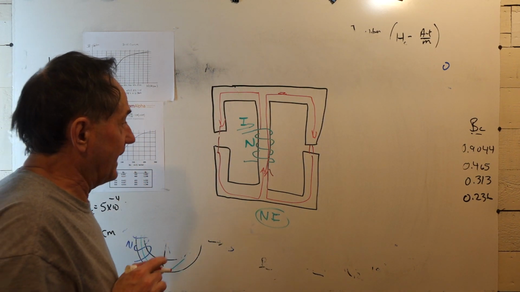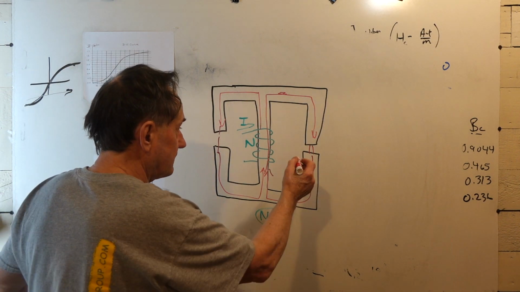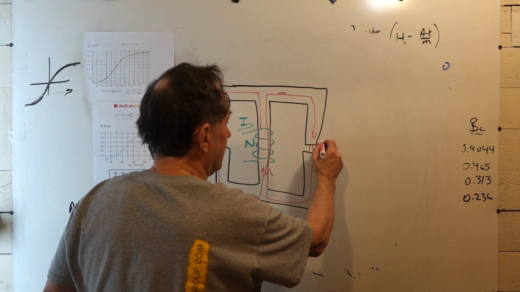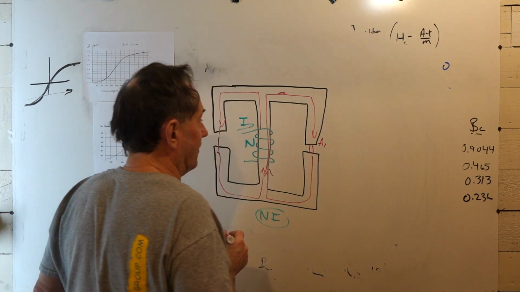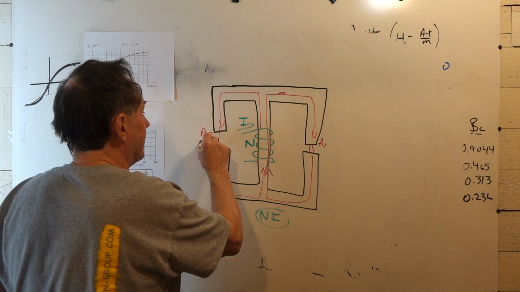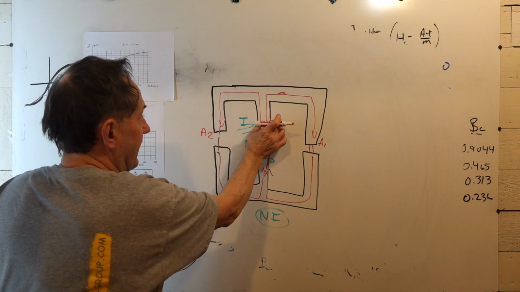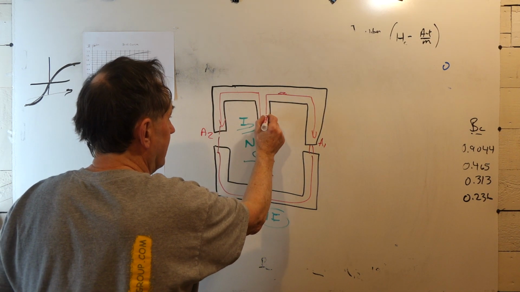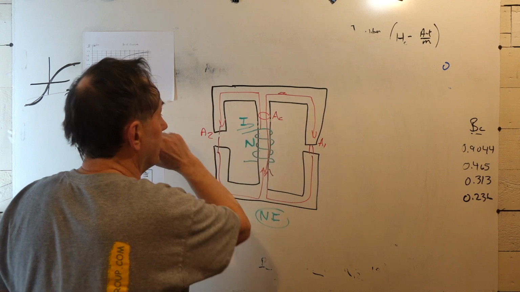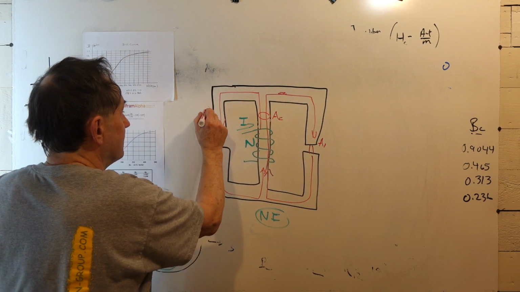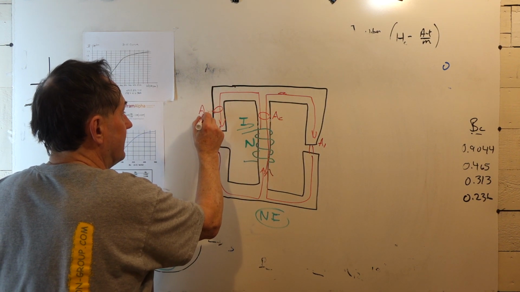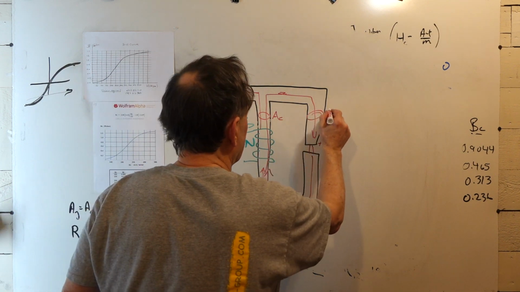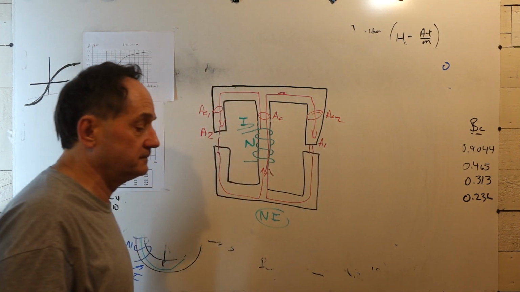And to add more complications, you could have different areas. You could have a gap area A1 there, a gap area A2 there. You could have a core cross-sectional area of, say, A core here, and you could have a different area, A core 1 there. You could have a different core area there.